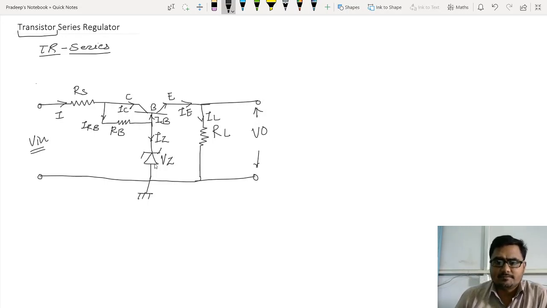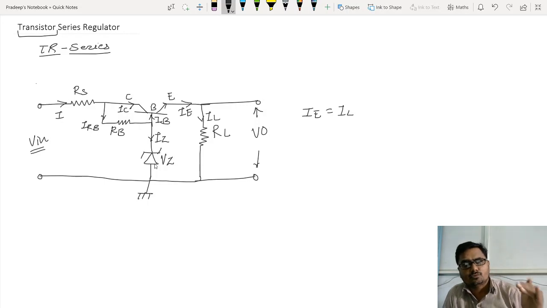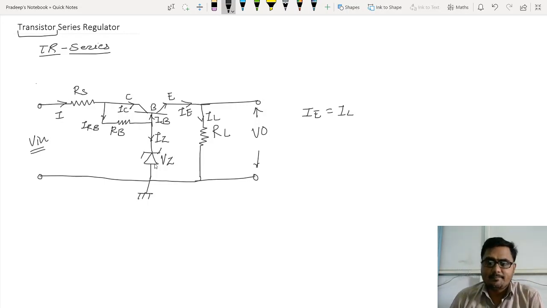From the figure itself it is clear that IE is nothing but IL, is it not? The emitter current is your load current, because the load is directly connected to the emitter. So whatever current flows through the emitter, the same current will flow through the load resistor. So IE, ideally, is IL.